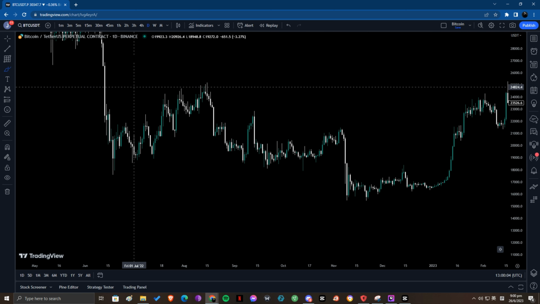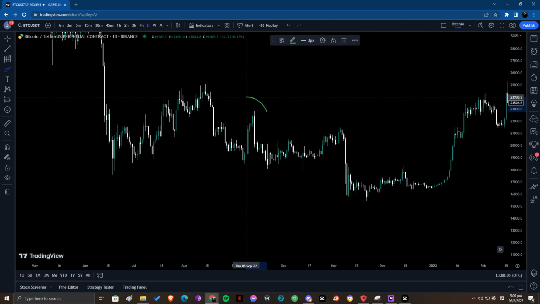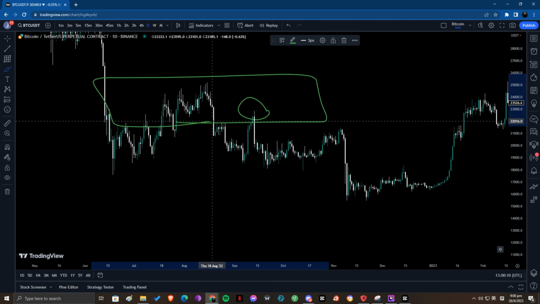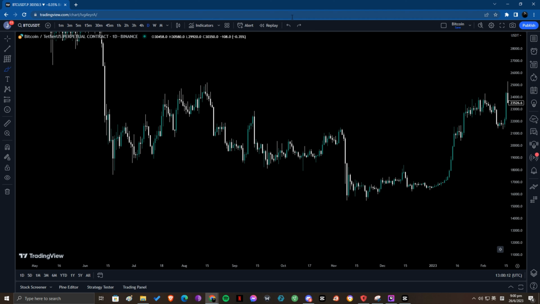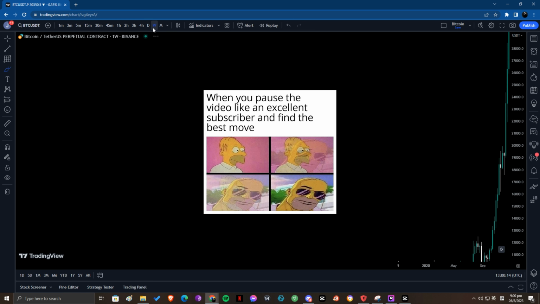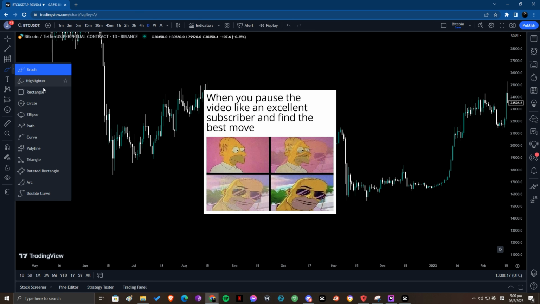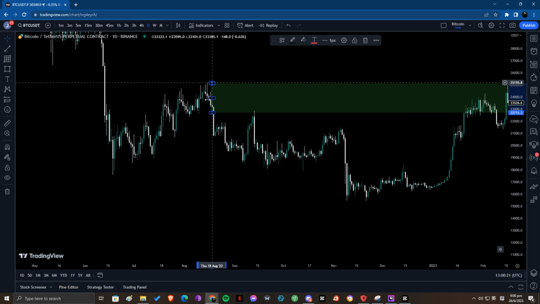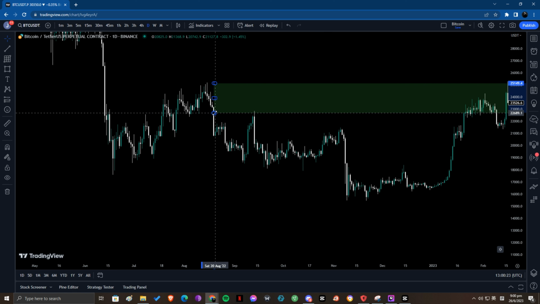But where is the order block? Good question. I want you to pause the video and find it. Okay, I hope you did pause the video. So I'm going to draw out the order block for you. This entire zone is what I consider an order block.